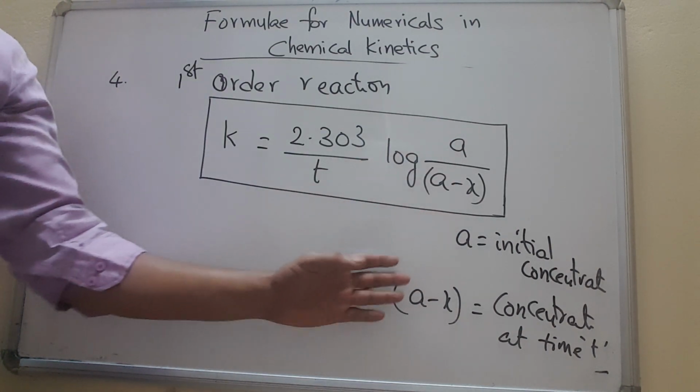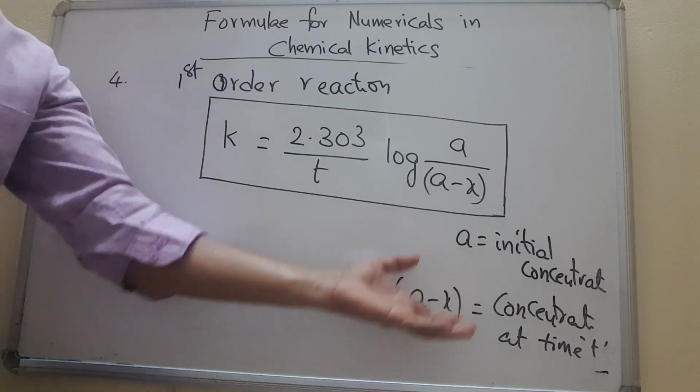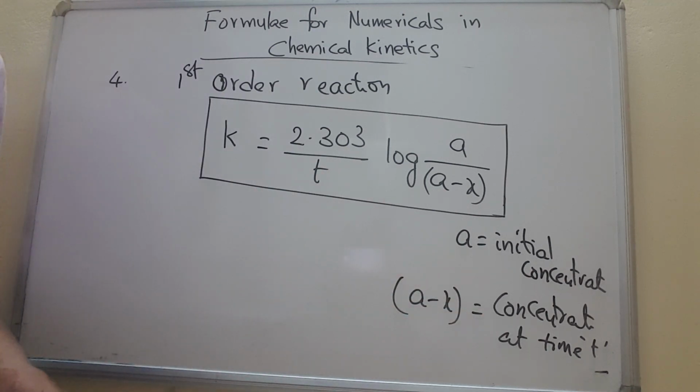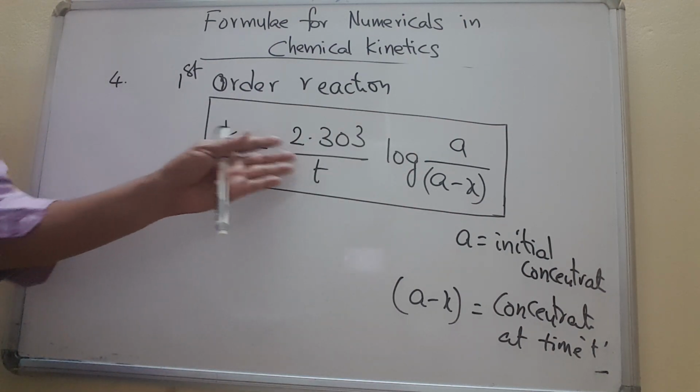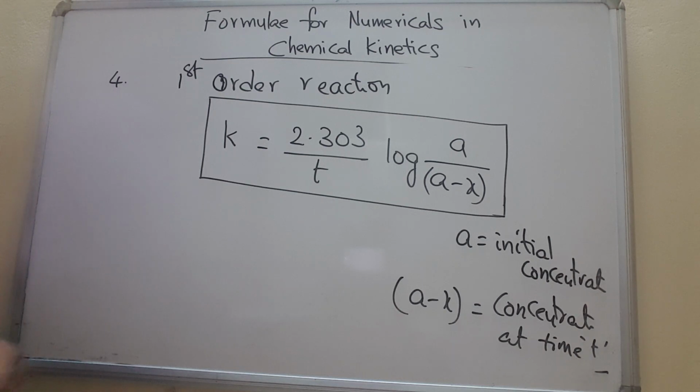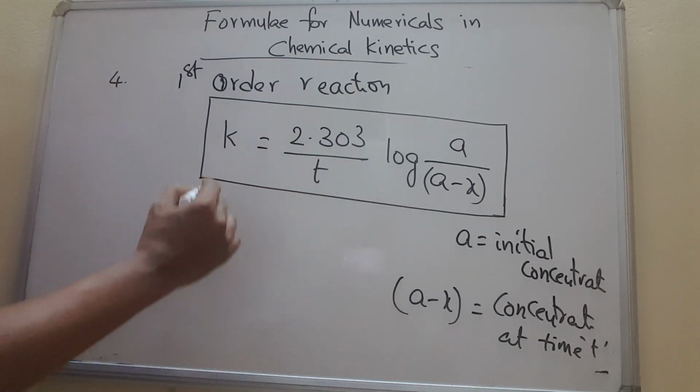For example, if the initial concentration is taken as 100% and 50% is consumed, the remaining concentration is 100 minus 50, that is 50%. So the concentration at time t is called a minus x, a is the initial concentration, K is the rate constant and t is time. Then you can calculate the first order rate constant.